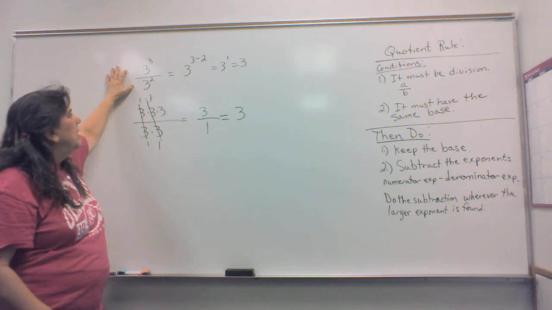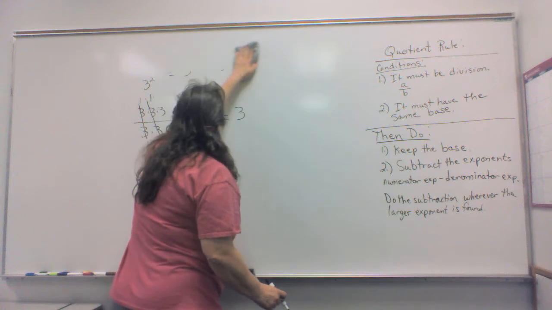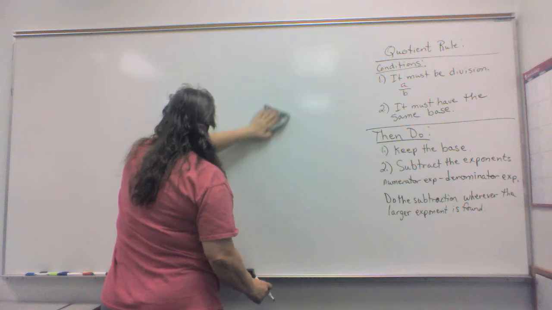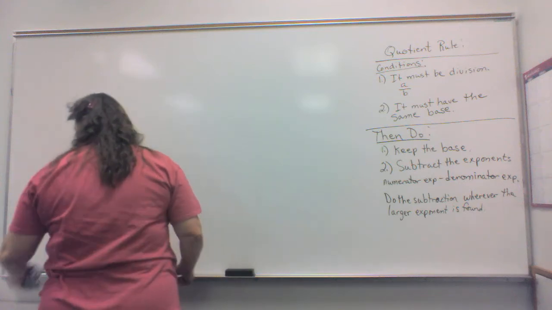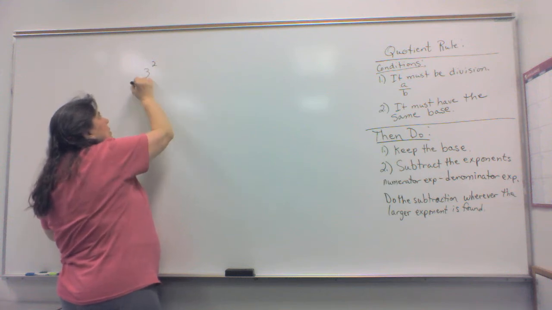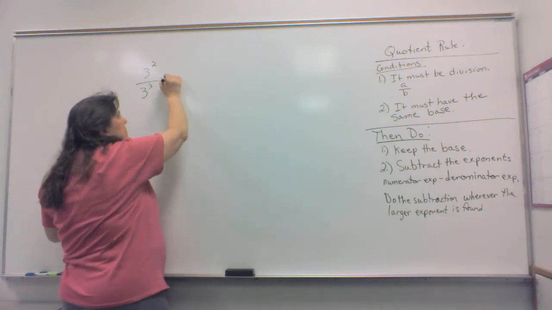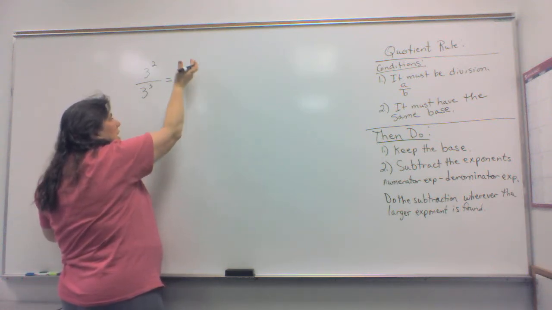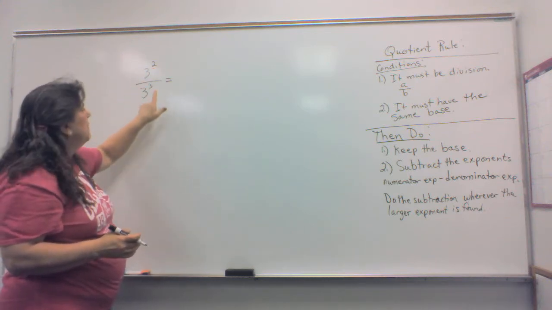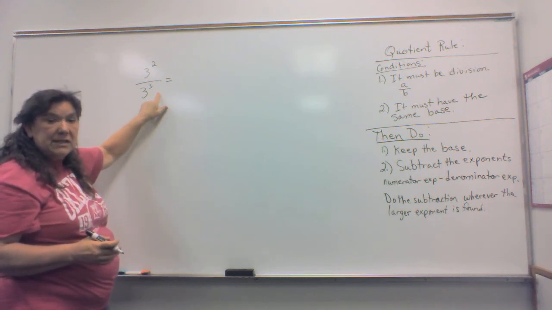Now, let us look at another example. What if I had 3 to the second over 3 to the third? What would happen if I did that one? The rule says I can either do my subtraction as the numerator exponent minus the denominator exponent, or I can choose a different way.